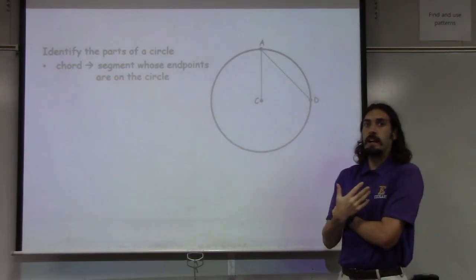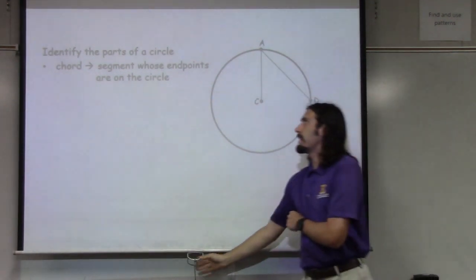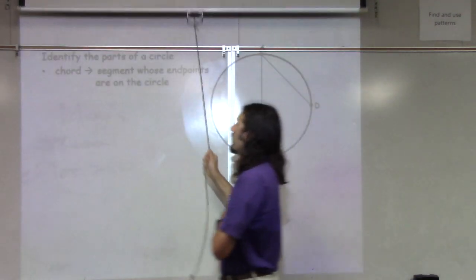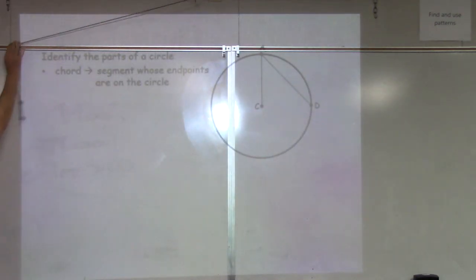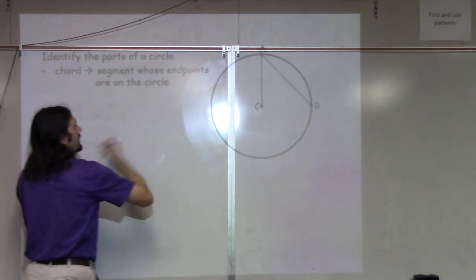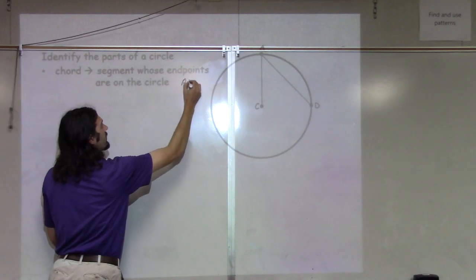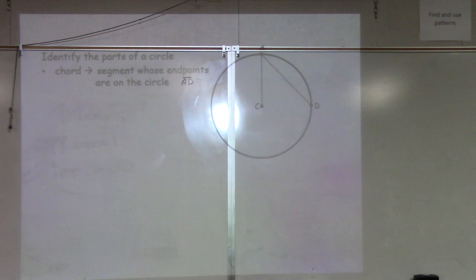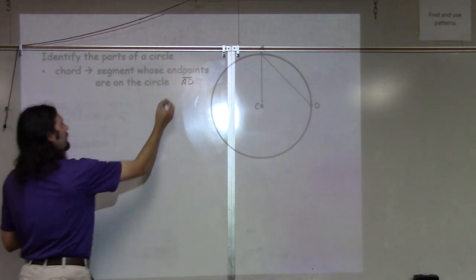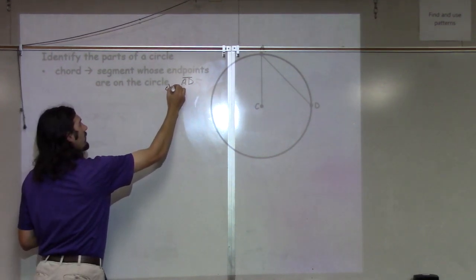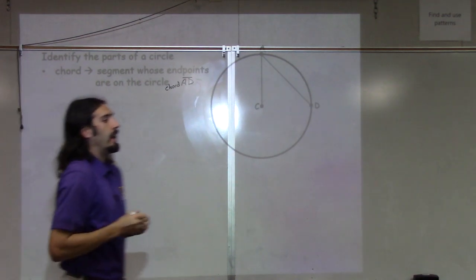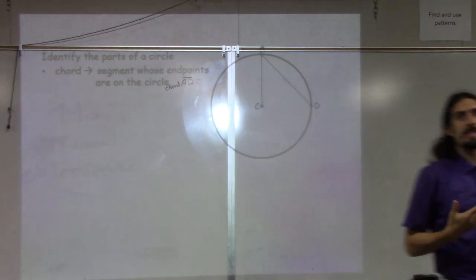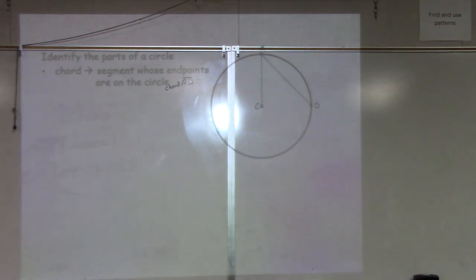Now, because it is a line segment, we can define it as such, which means it'll be written with its endpoints, AD, and then a line over it. So that right there, we would be able to say is chord AD, and we would write it as a line segment because it is a line segment.